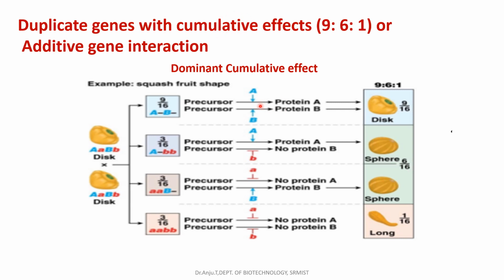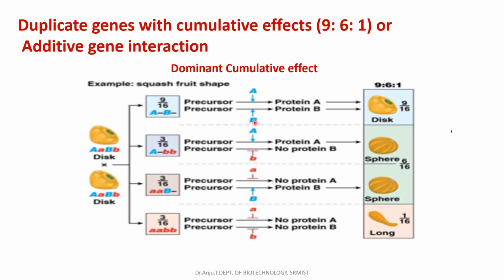So let us take this case, where the shape of the squash fruit is determined by two genes A and B. We said duplicate genes. A is going to follow the same pathway, converting the precursor into protein A, which in turn will form a disc shaped fruit.